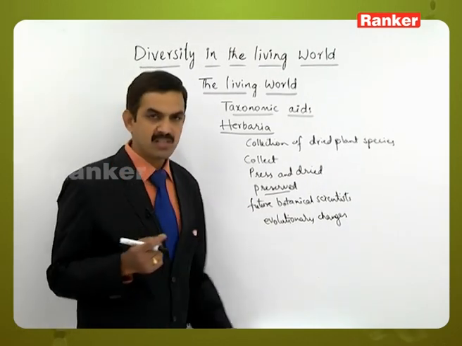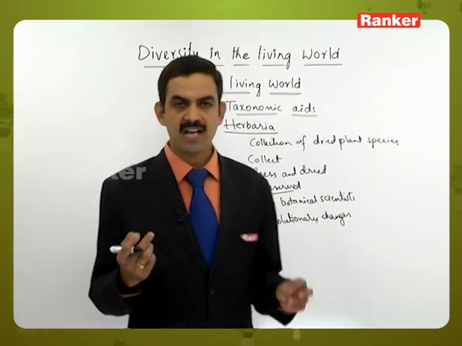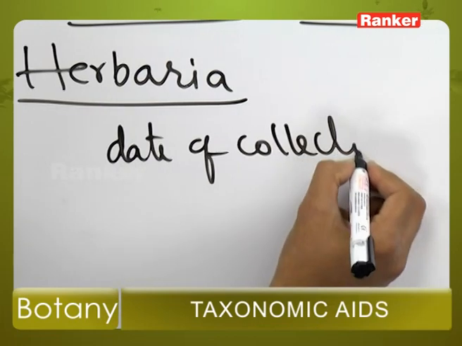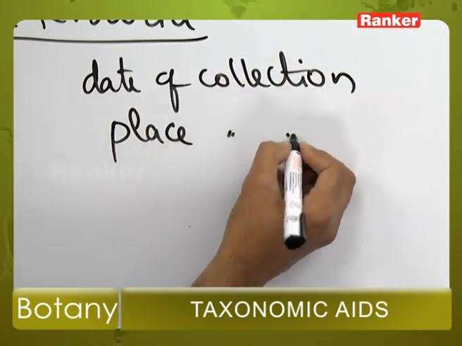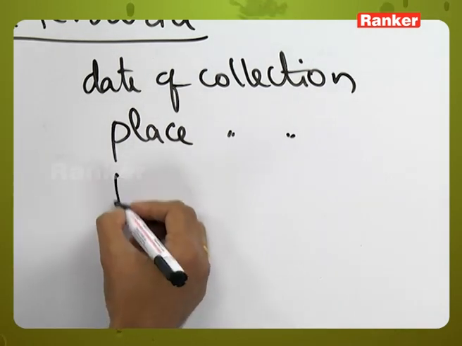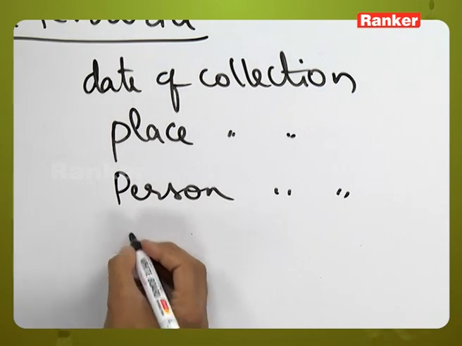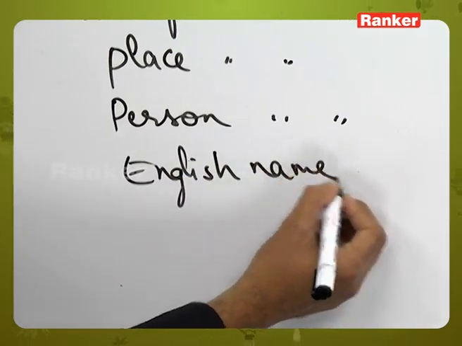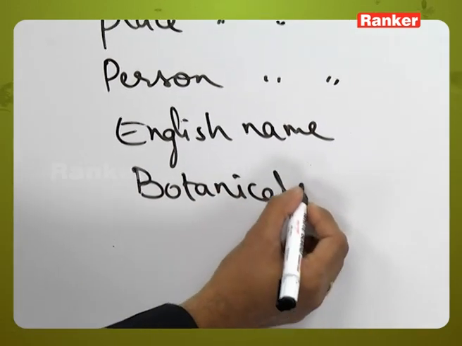And what information is given on the herbarium sheet? It gives all the information like the date of collection of the plant species, the place from where it was collected, the person who collected it, and also the English name of the plant along with the botanical name.